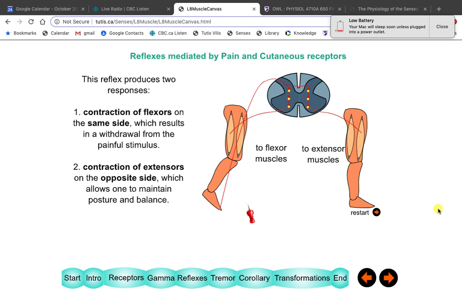So you're standing on one leg now with this leg extended. That's done rather automatically, and that's one example of afferents coming from these two receptors.